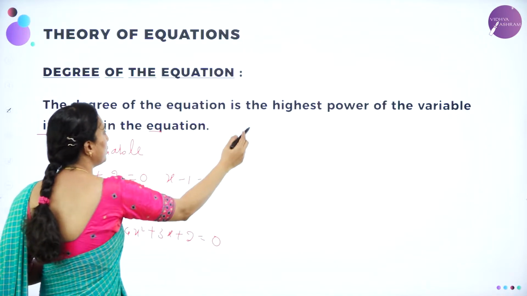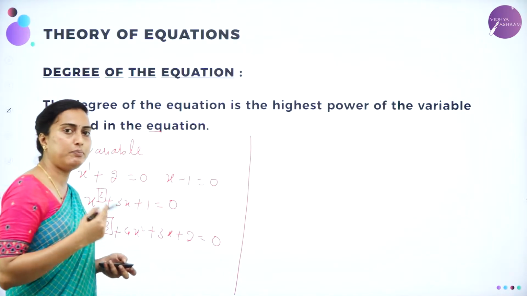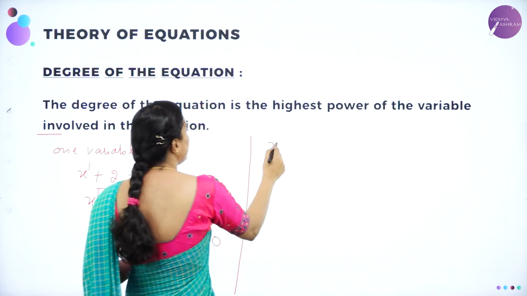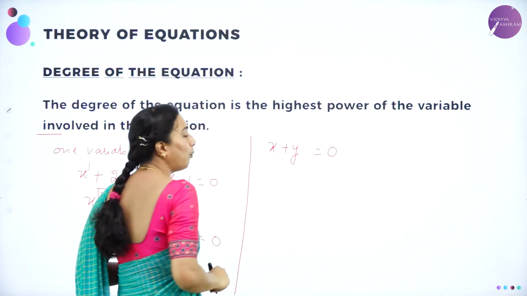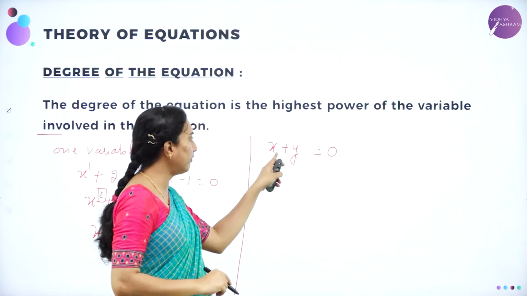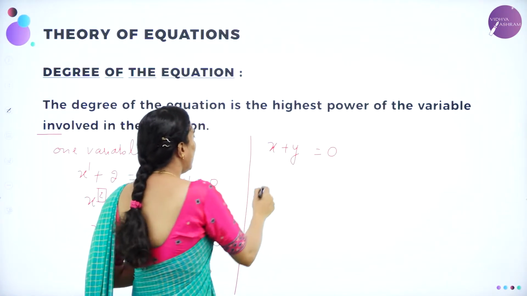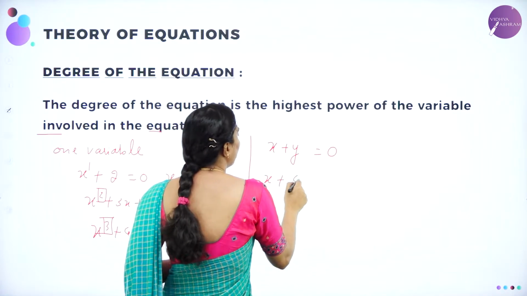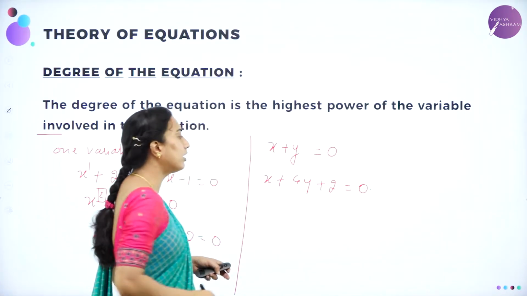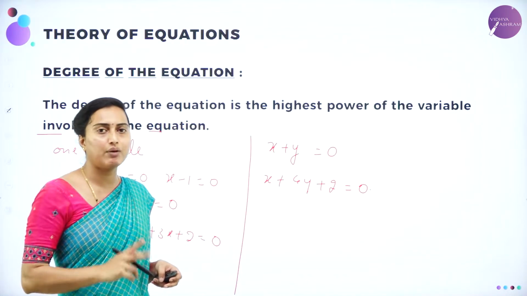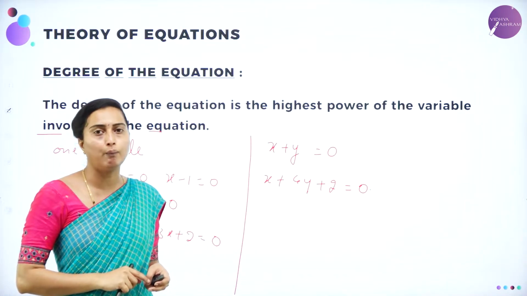So what will be the two variable? Two variable will have, for example, x plus y is equal to 0. This has degree 1, where x is one variable and y is another variable. Otherwise, x plus 4y plus 2 is equal to 0. This is also an equation having two variables of degree 1.